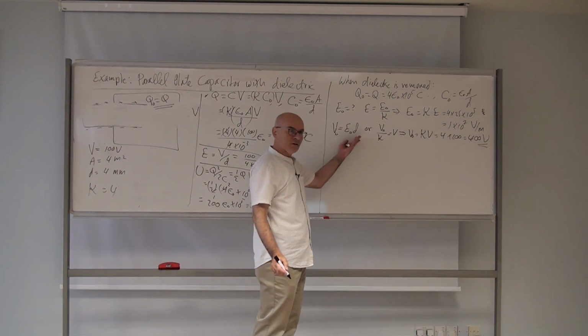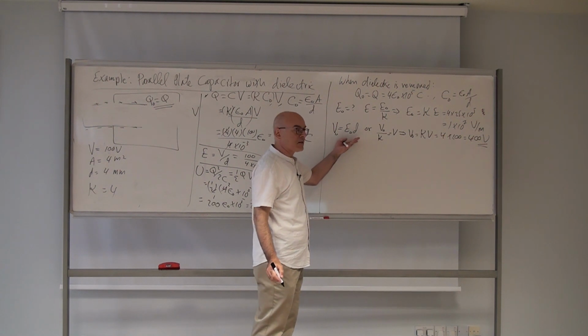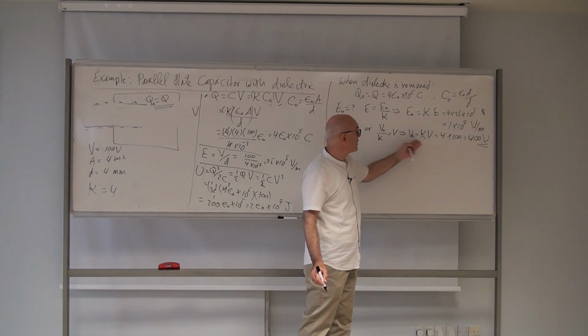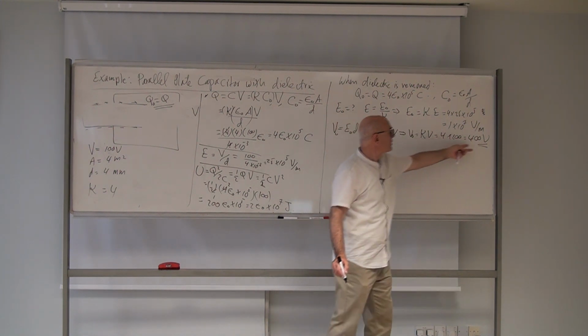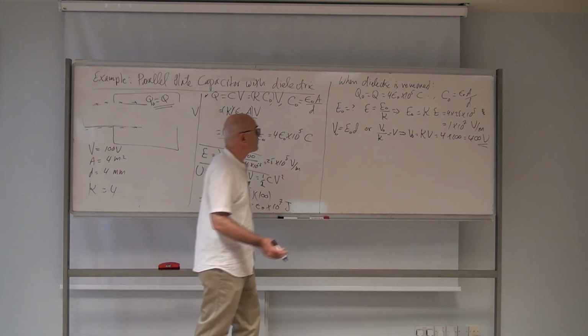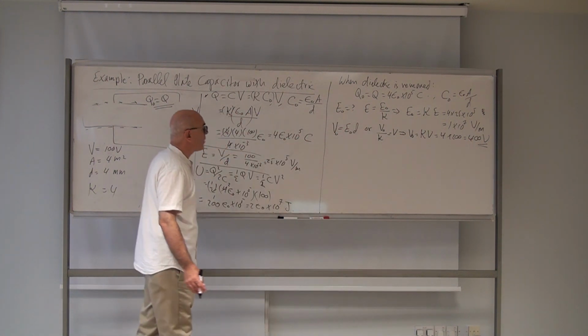So, I mean, you can definitely find it using this expression, but because you know what V already is, you can immediately find it from here. So it's just 4 times V, 100 is 400 volts. So voltage also increases because the electric field has increased. So that makes quite sense.